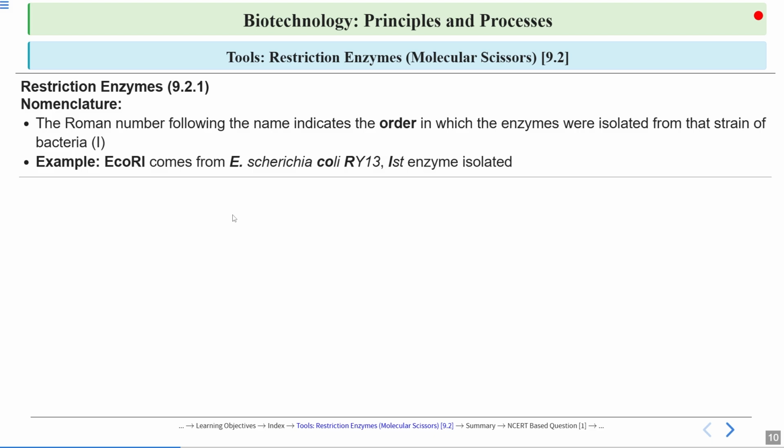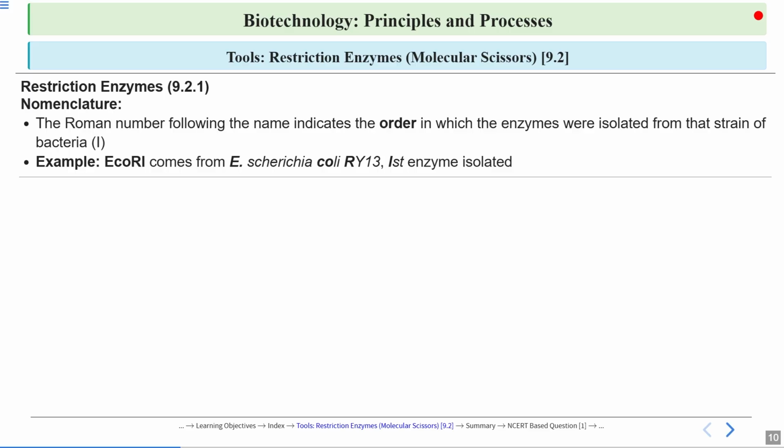Again the example, EcoR1 comes from E, that is Escherichia, CO, that is coli, RY13 is the strain, whereas 1 is the order in which this enzyme has been isolated. I will give you one more example. We have seen that the first isolated restriction enzyme was HIN2. So what is HIN2?